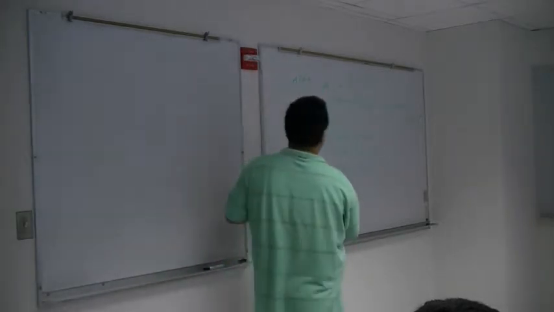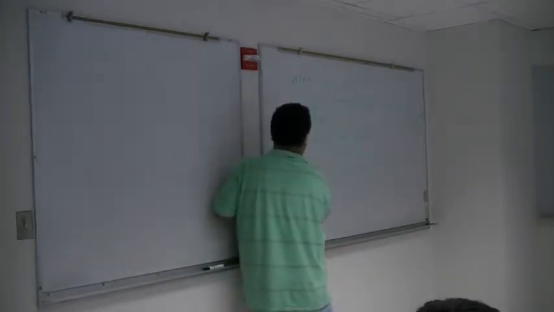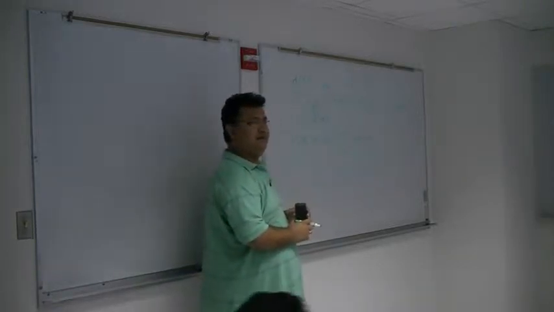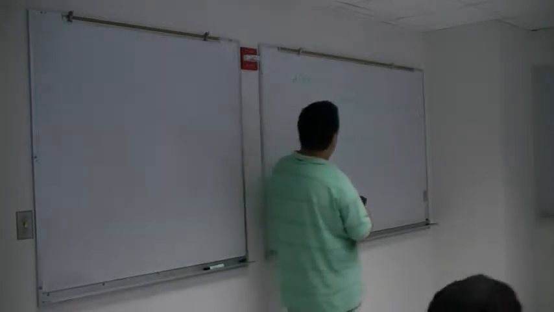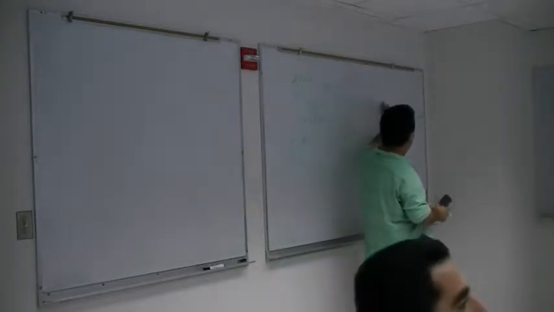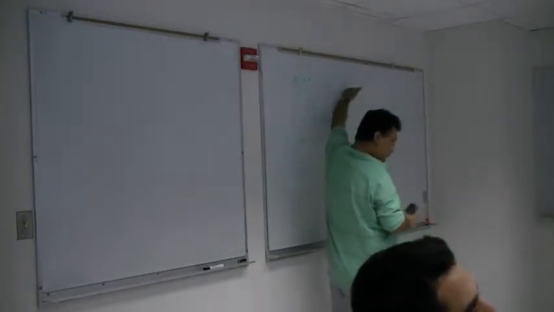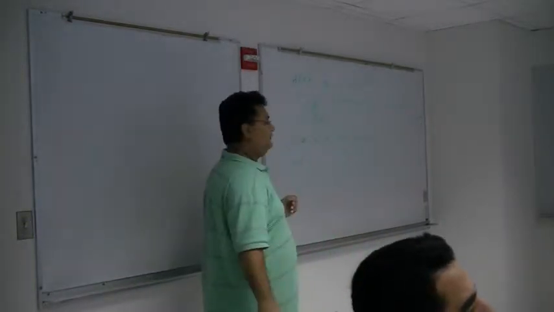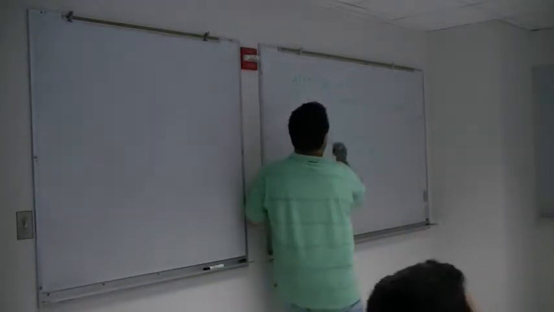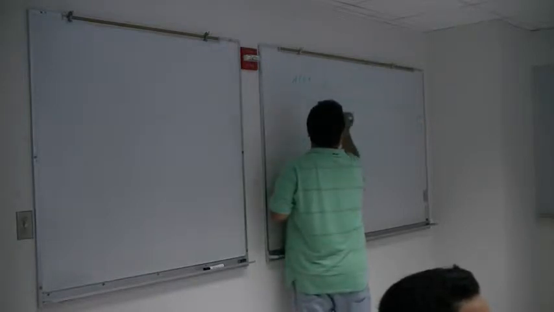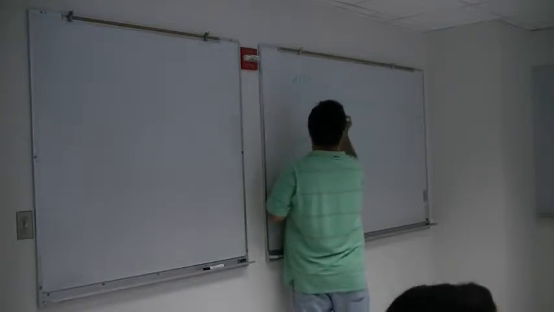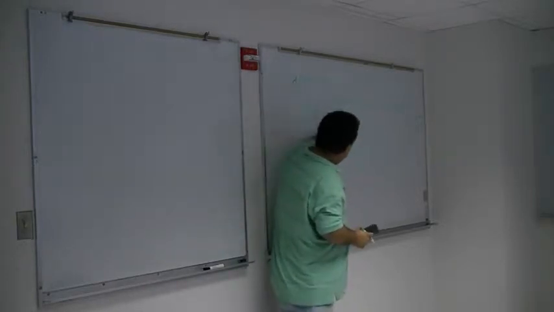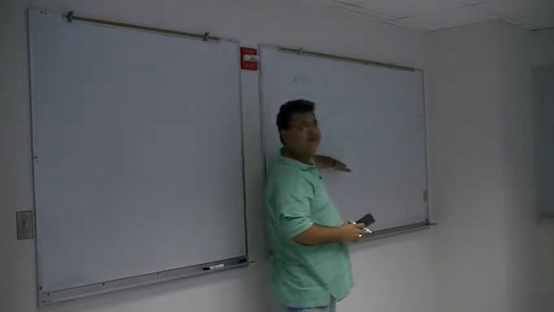X transpose. Because this is a row matrix and we have to take X in this direction now. So it goes like this: with respect to this element, with respect to X1, then X2, then X3.